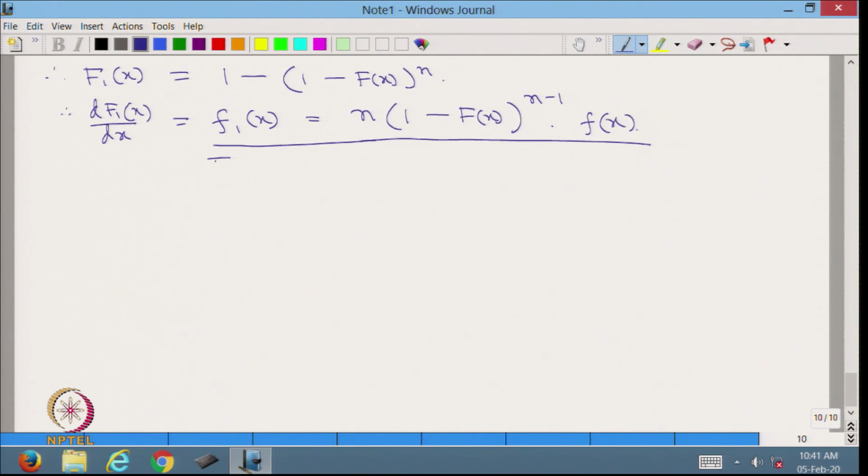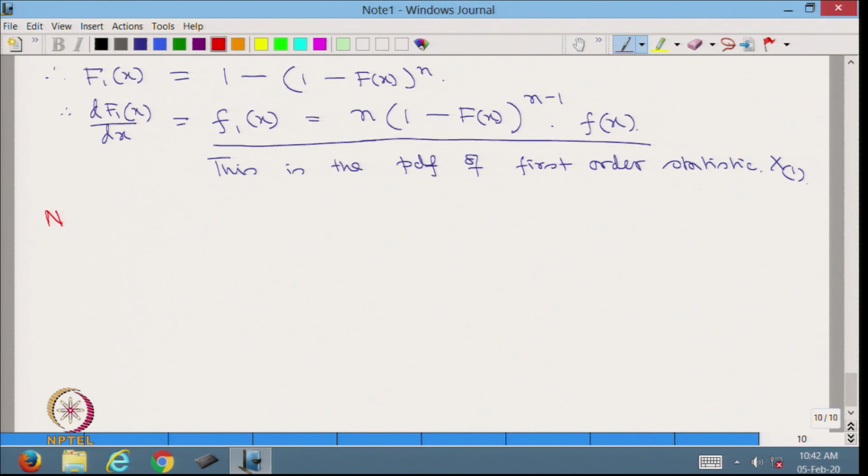So, this is the PDF of the first order statistic X(1).